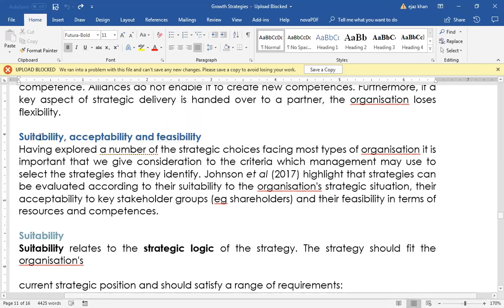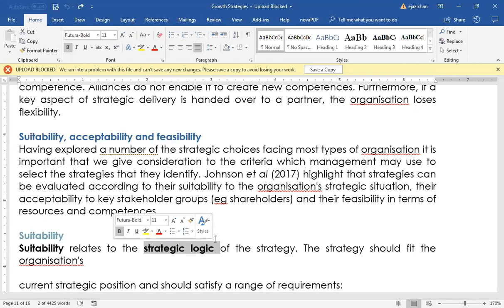When we talk about suitability, it's actually the strategic logic of the strategy, and it is whether a particular strategy fits in the overall organizational structure.